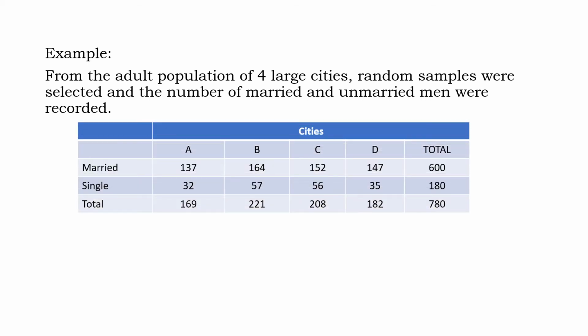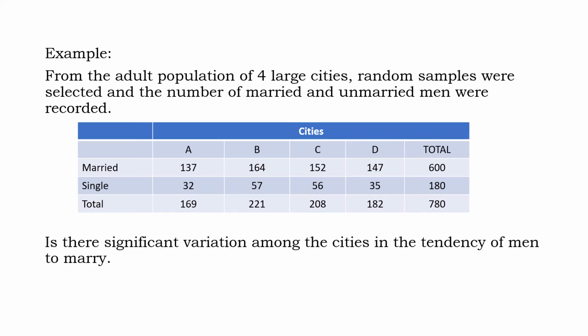So the data is like this. There are 4 cities A, B, C, D, and you are classifying the people on the basis of the marital status. Then the question is, is there significant variation among the cities in the tendency of men to marry?